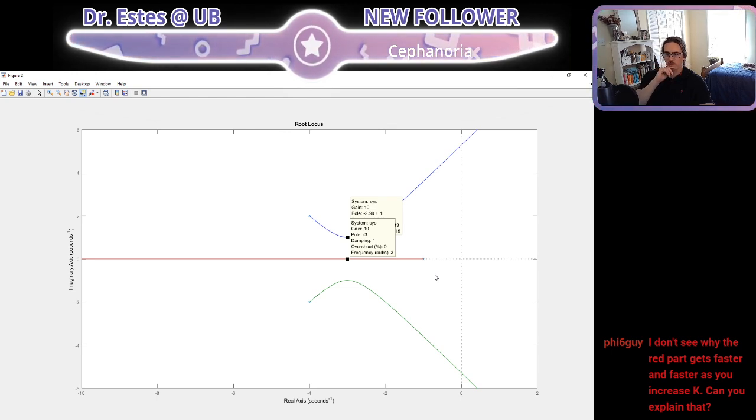I don't see why the red part gets faster and faster as you increase k. Can you explain that? Yeah.